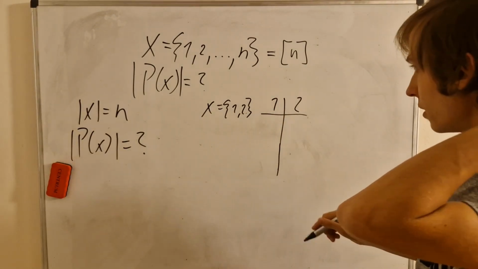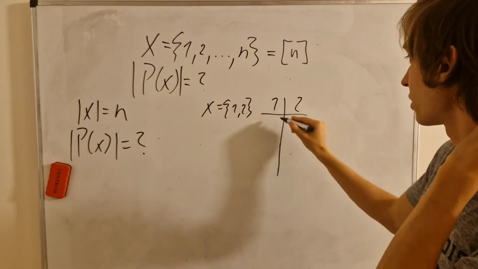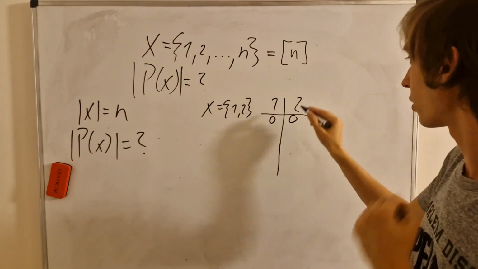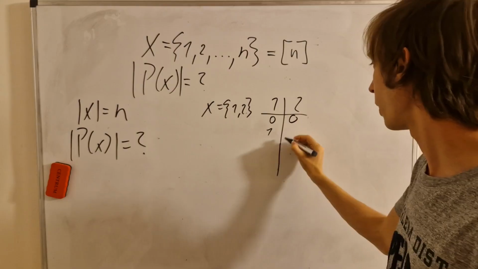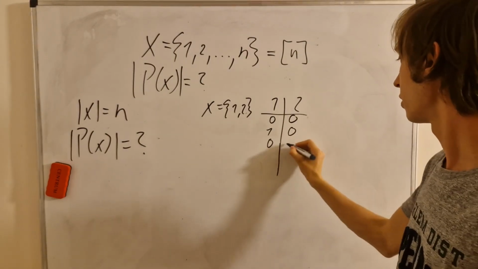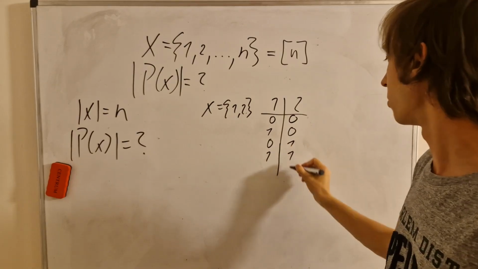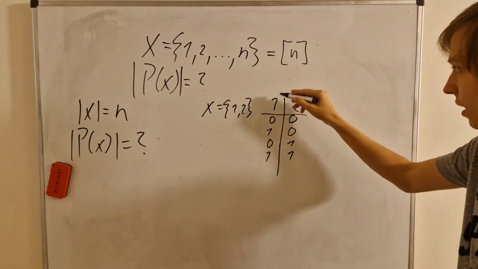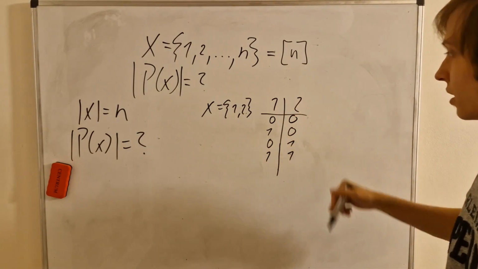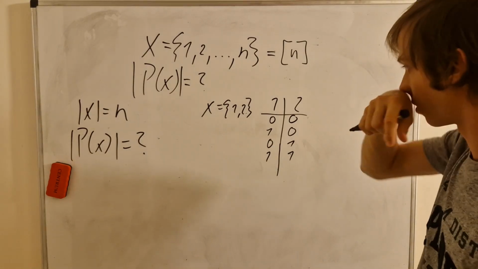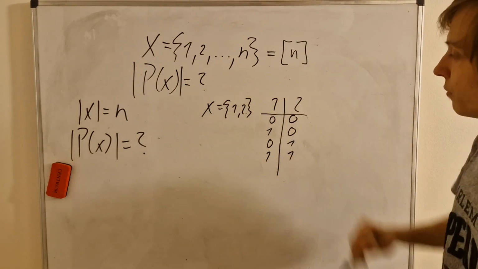If I'm talking about a subset where neither is contained, I will put a 0 below both. If one of them is contained, I will put a 1 below that one and 0 below the other. There's also the inverse option to that. And if both are contained, I put a 1 below both. So 0 below an element if it's not contained in this particular subset, and 1 if it is contained.